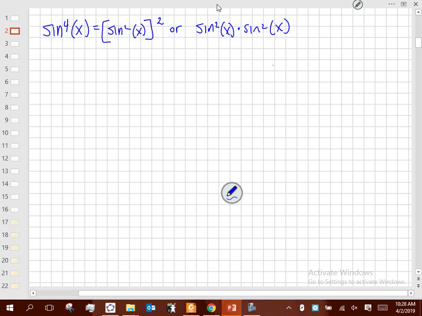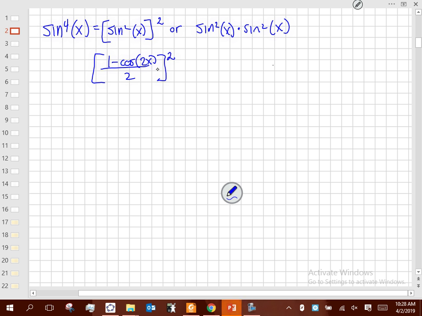So, we can do that, and now we've got to make the substitution, right? So if I was doing it this way, I would go 1, now sine squared is 1 minus cosine of 2x all over 2, and then squared.